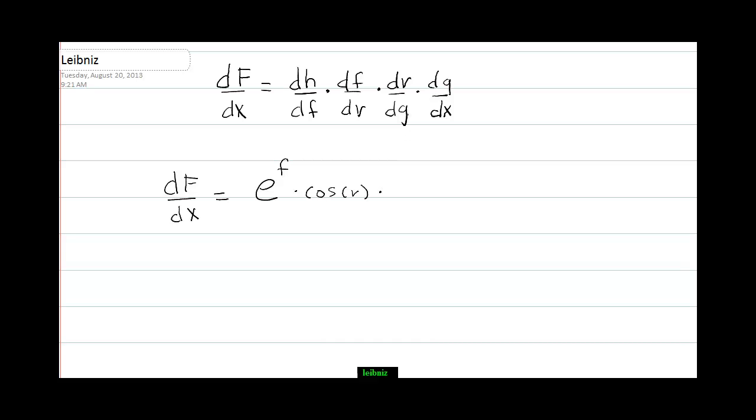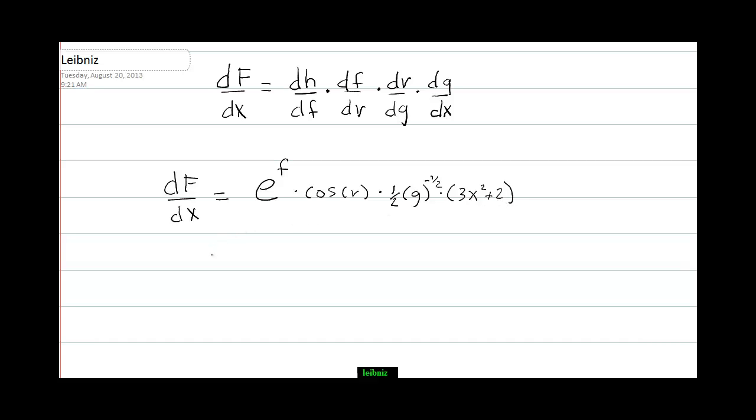Derivative of r with respect to g was 1/2 times the quantity g to the negative 1/2 power, and then finally the derivative of x cubed plus 2, which is 3x squared plus 2.